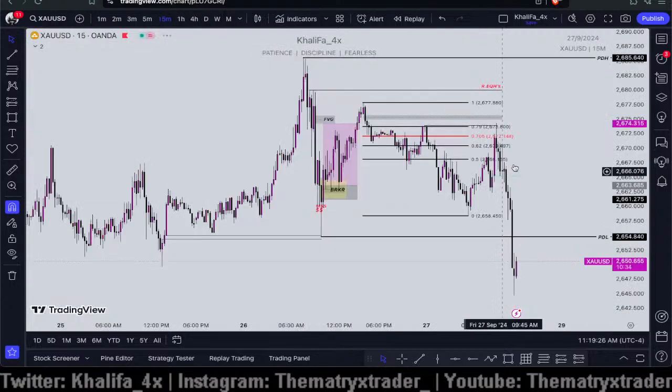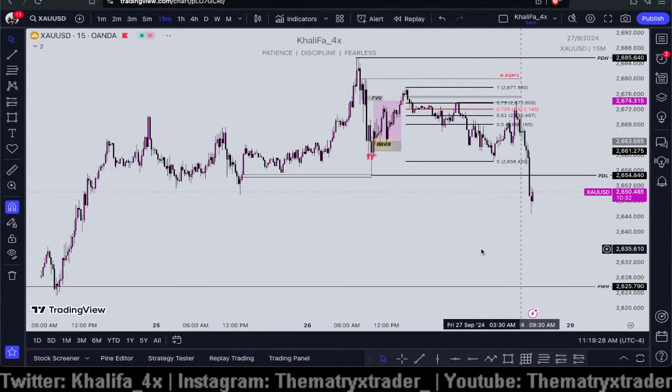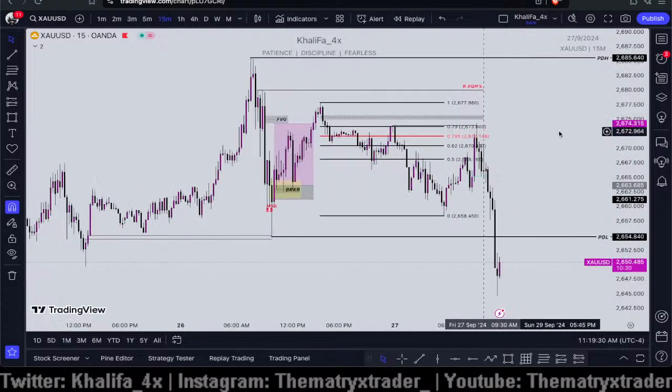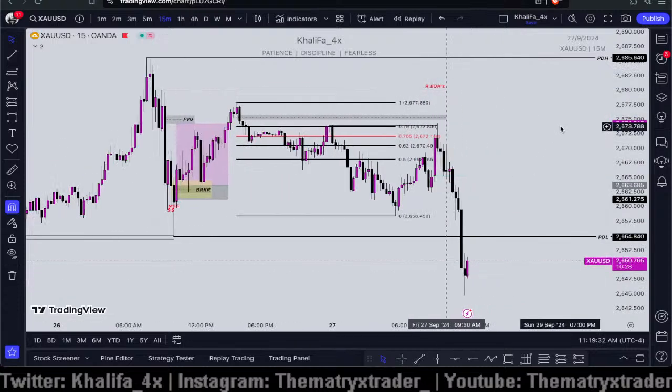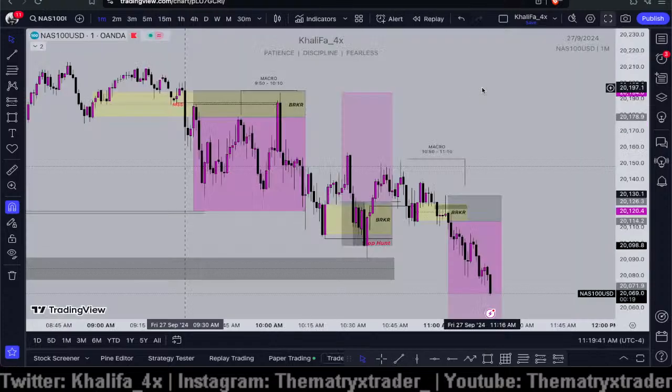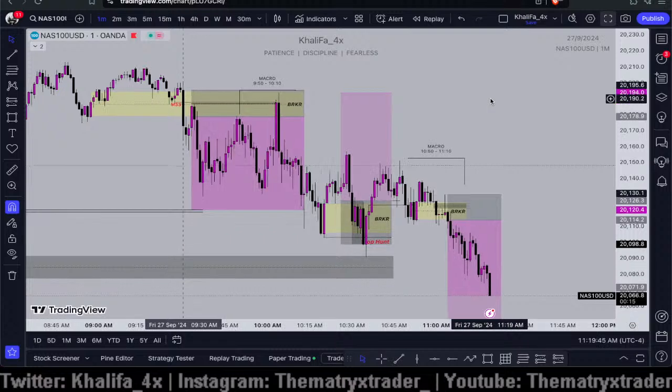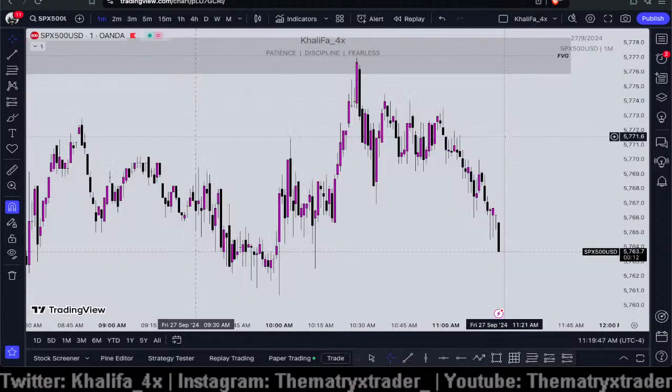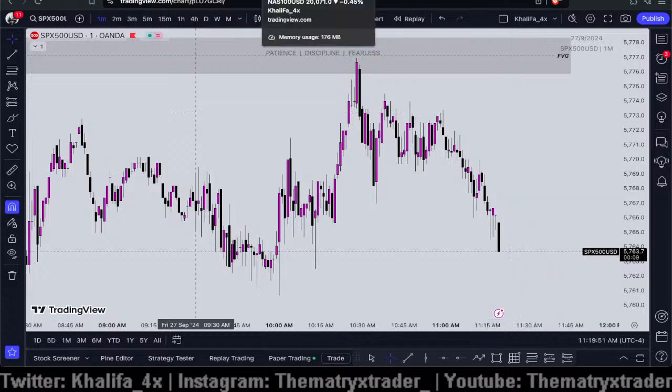Okay, gold has taken so much liquidity. This is the setup which ICT used to call TGIF, Thank God It's Friday. Oh, see, that's what I told you.